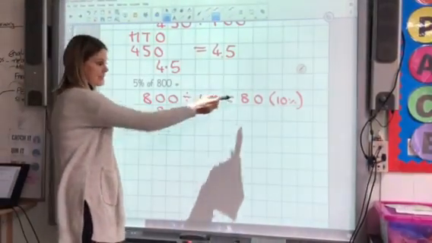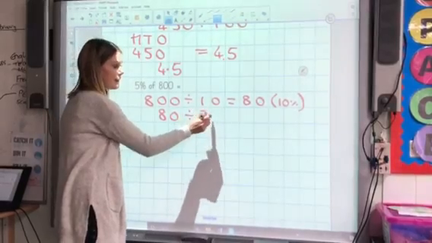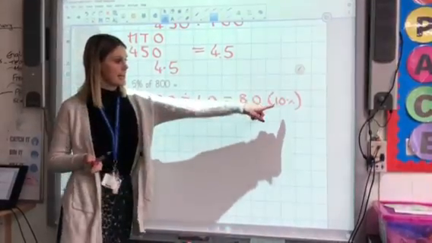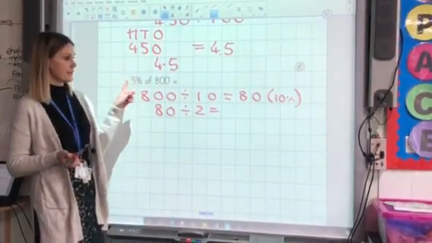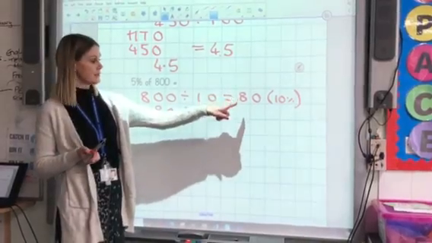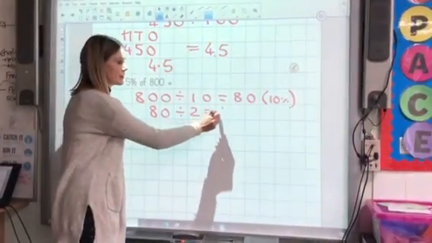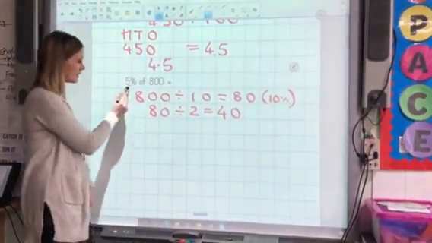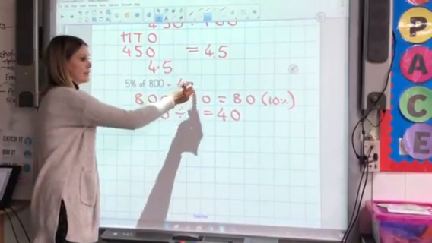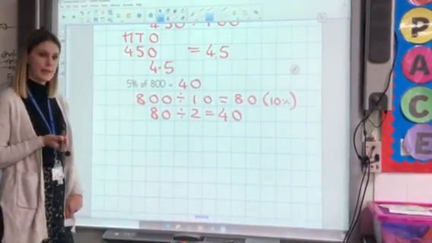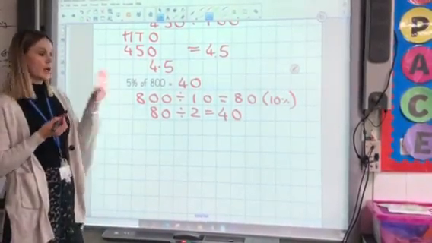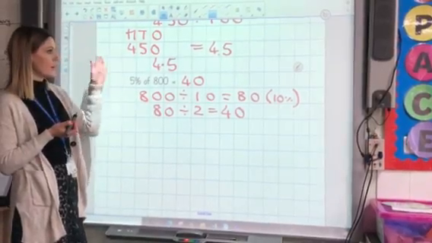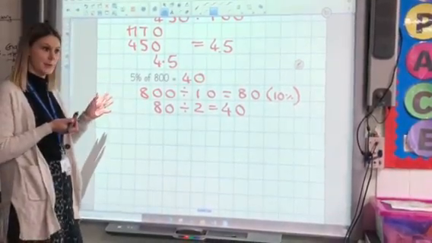You get your 10% and all you need to do is divide it by 2 because half of 10 equals 5, okay? So I need to find half of this number. So 80 divided by 2 equals 40. Therefore, 5% of 800 is my 40, okay? So if you're greens and yellows, I'd stop there, just finding 1%, 5% and 10% of a number.